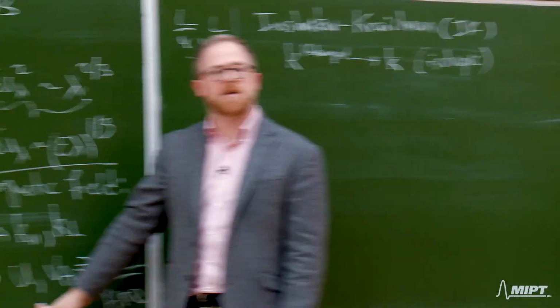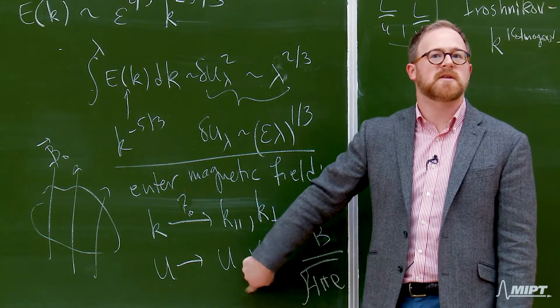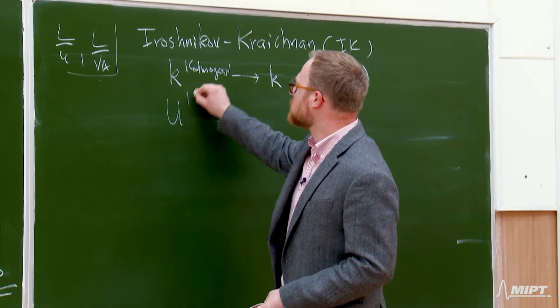Then the second choice that needs to be made is how to deal with two different time scales associated with these two different velocities. In Kolmogorov, you just have a single velocity.